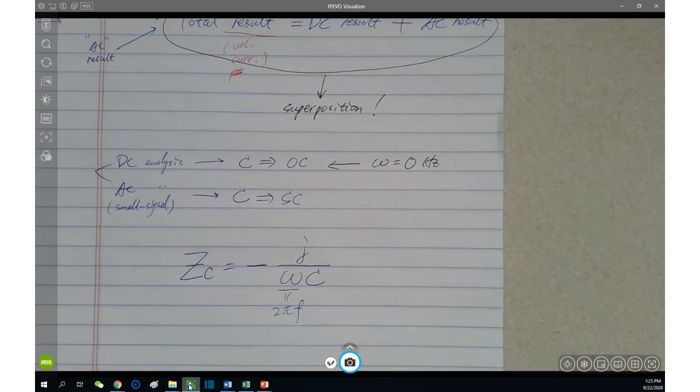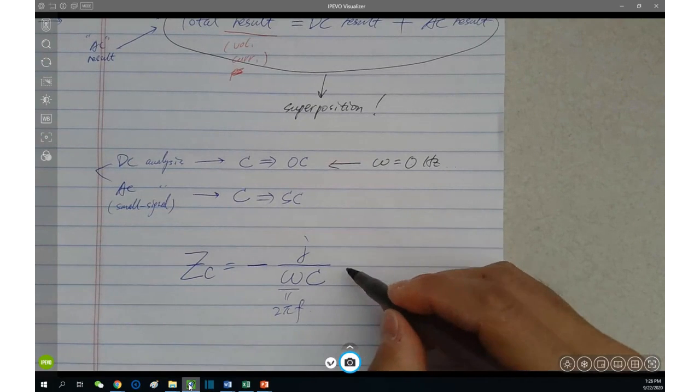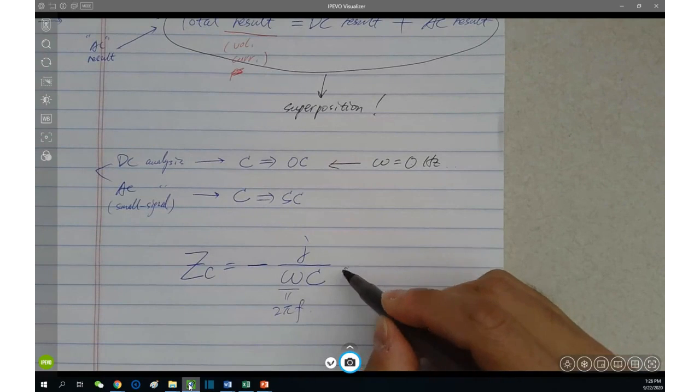You can consider DC as a special AC with 0 frequency, and that's not wrong. Period equals infinity. Of course, a constant horizontal line goes on forever. Therefore, 0 frequency.